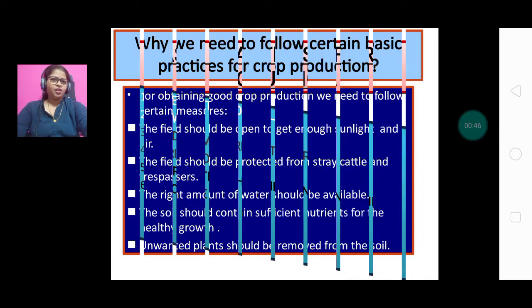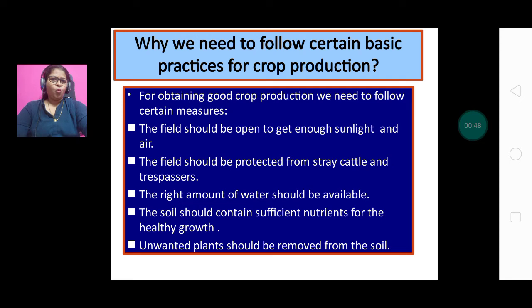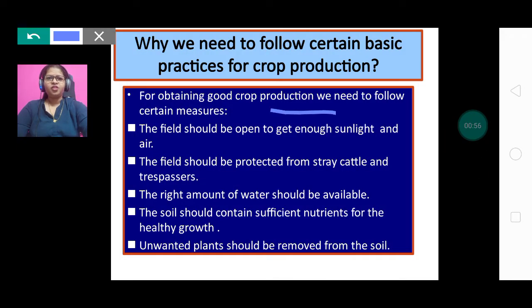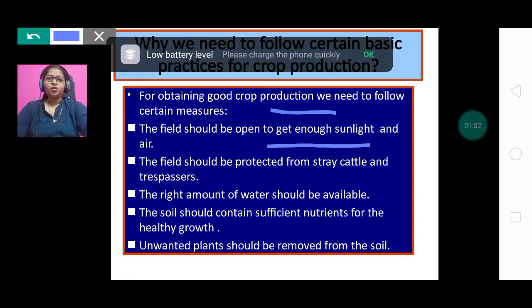So first, why we need to follow certain basic practices for crop production. For obtaining good crop production, we need to follow certain measures. Which are those? The field should be open to get enough sunlight and air.